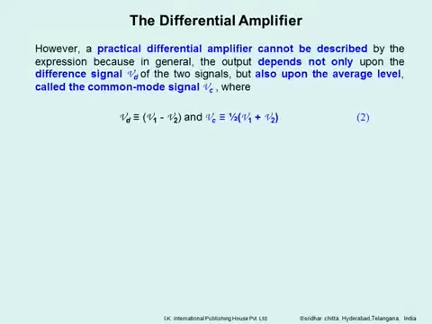However, a practical differential amplifier cannot be described by the expression because in general the output depends not only upon the difference signal Vd of the two signals but also upon the average level called the common mode signal Vc, where Vd is identical to V1 minus V2 and Vc is identical to half of (V1 plus V2).